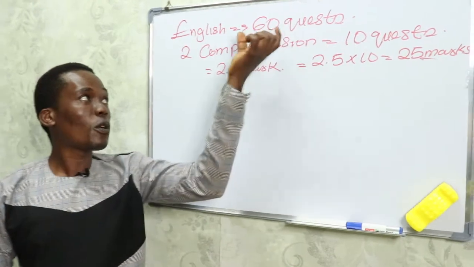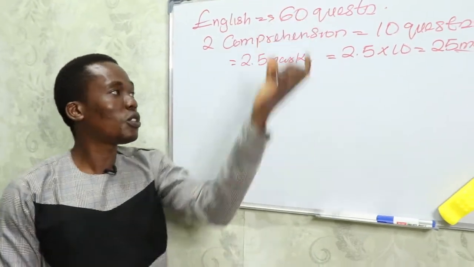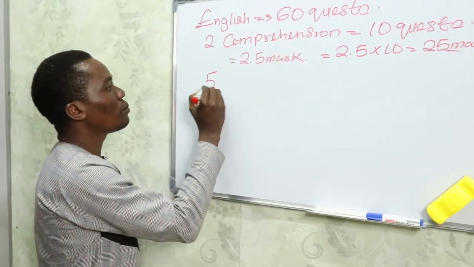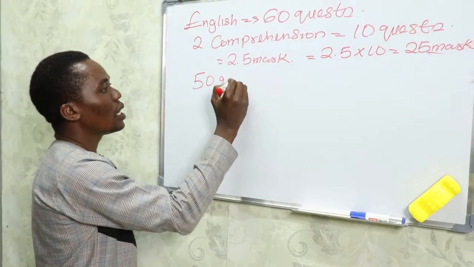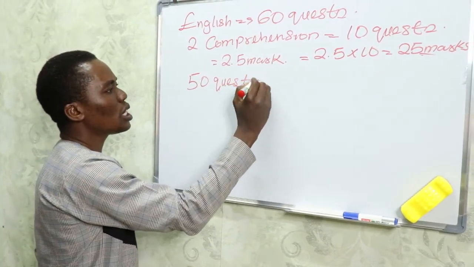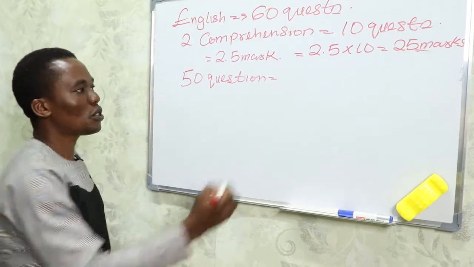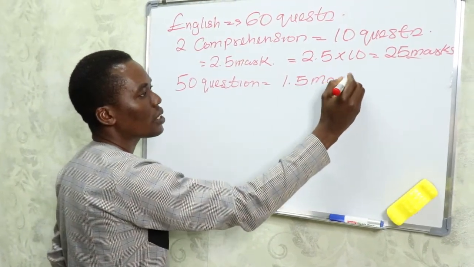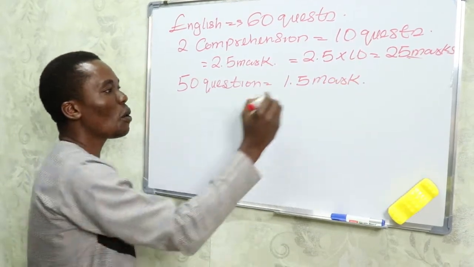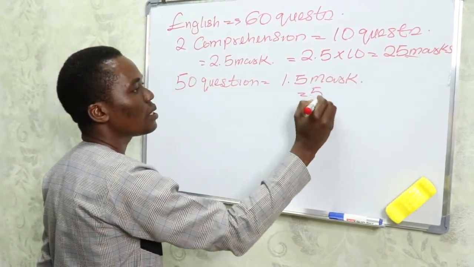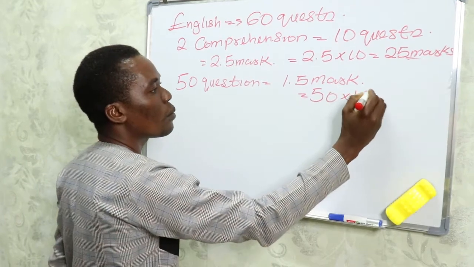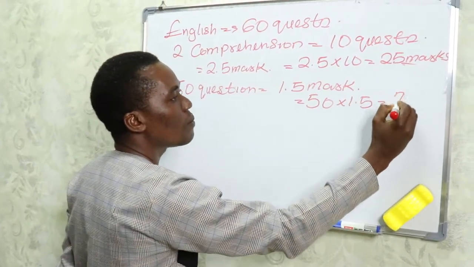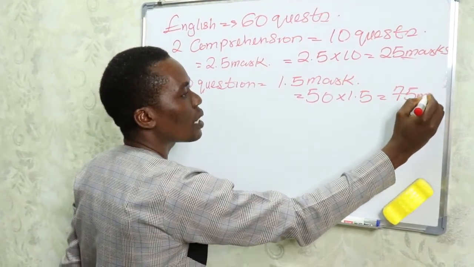Now, if you remove 10 questions from the 60 questions, you'll be left with 50 questions. What marks does Jamb apportion to these 50 questions? These 50 questions have 1.5 marks each. If you multiply 1.5 times 50, you're going to have 75 marks.